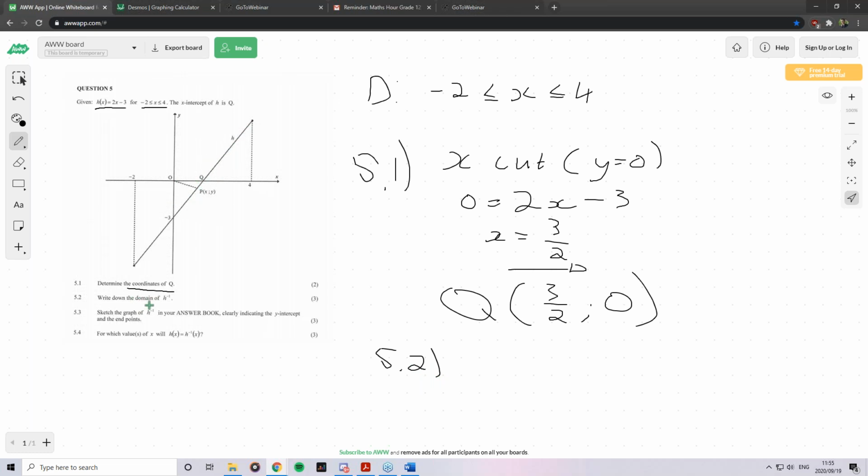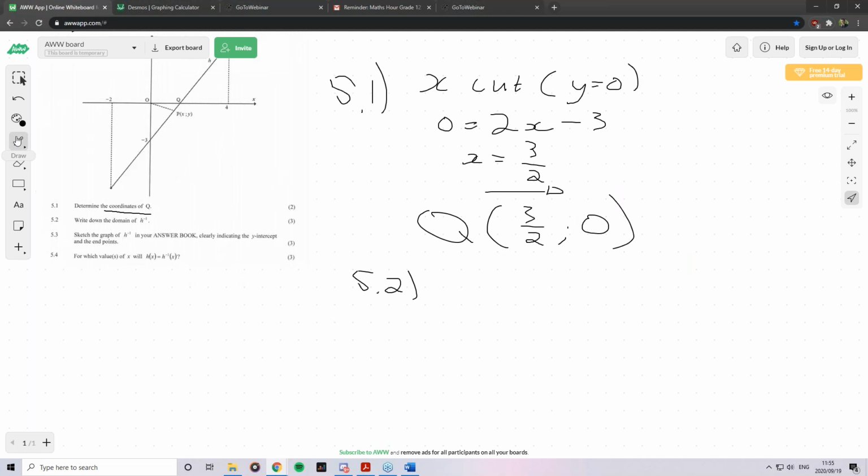Write the domain of the inverse. All right, this is important. Remember earlier that all x's in f become y's in the inverse.